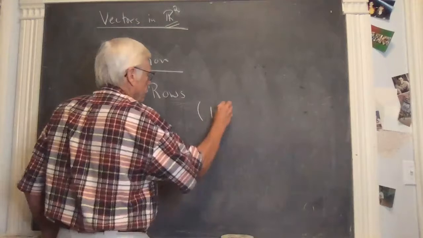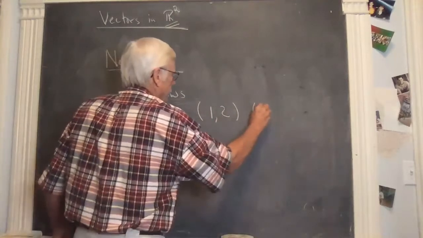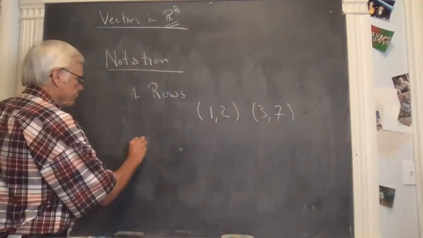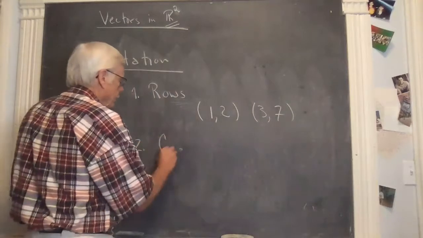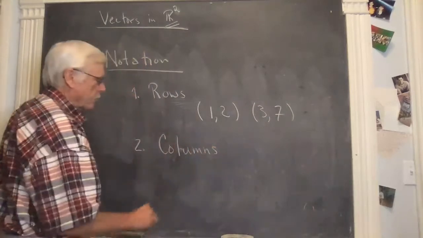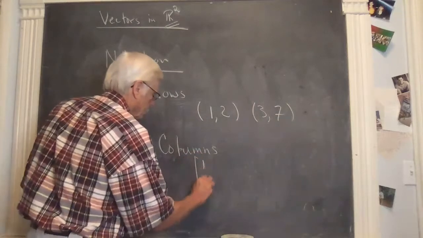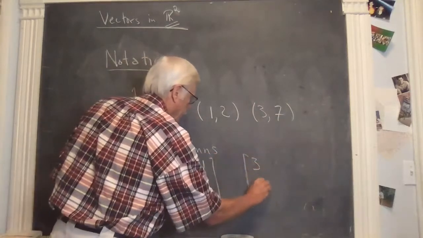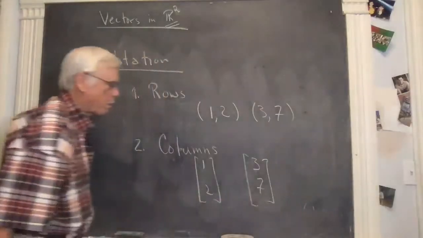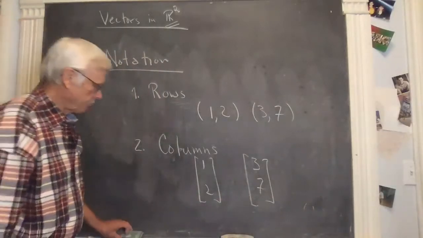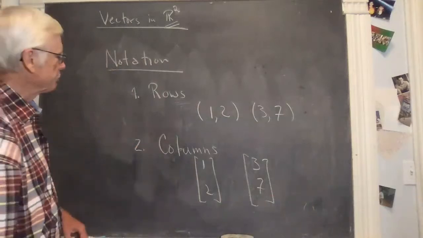These are vectors, or could be considered vectors, in R2. It can also be useful to write them as columns: 1, 2, column vectors. These are the same vectors, just written as columns. We'll do both. In fact, we'll do all of this.